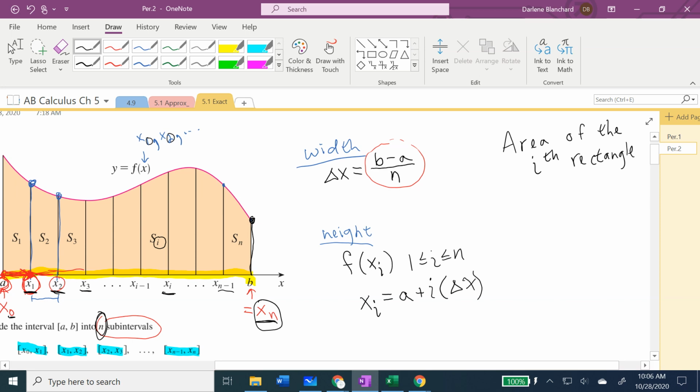The area of my ith rectangle is the height times the width. Just that, height times width.